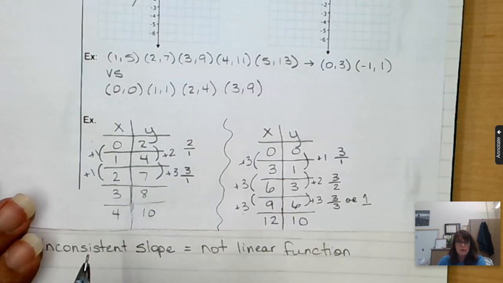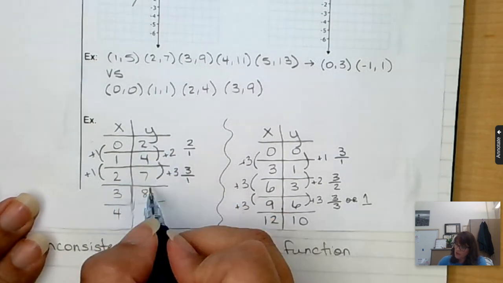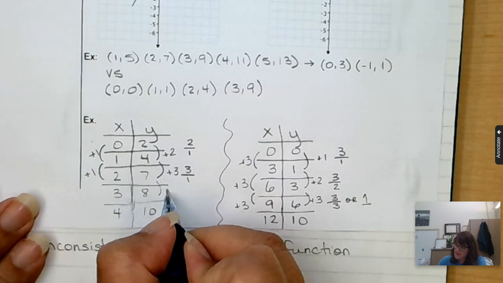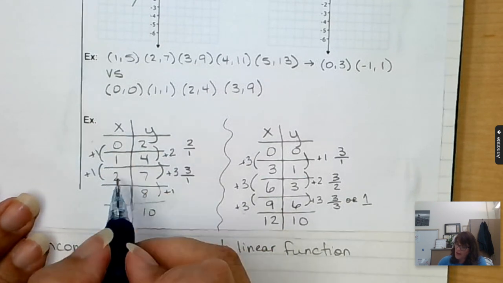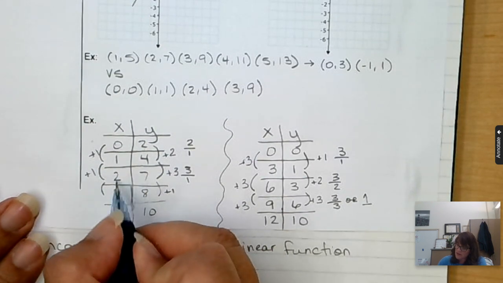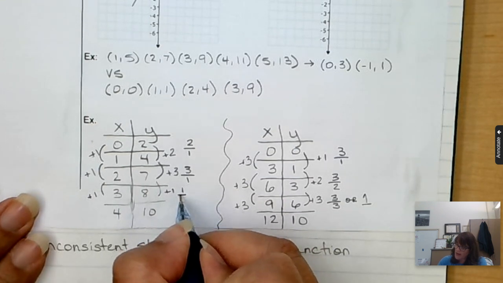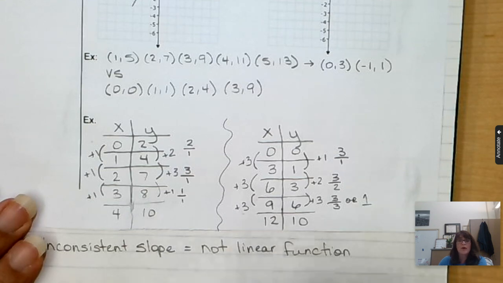So let me show again. You're taking the change from one y value to the next. So in this case, +1. And you're taking the change from one x value to the next. In this case, +1. And then you're just writing that as a ratio or a fraction.